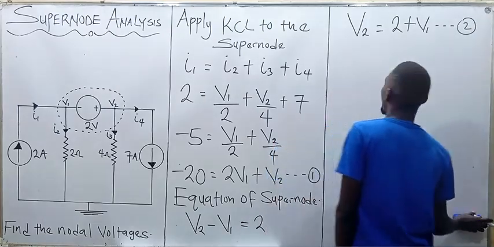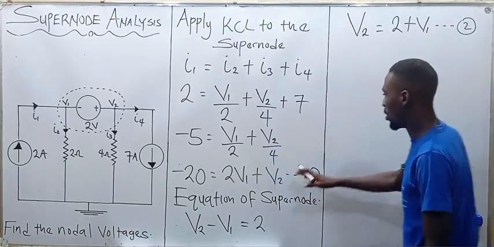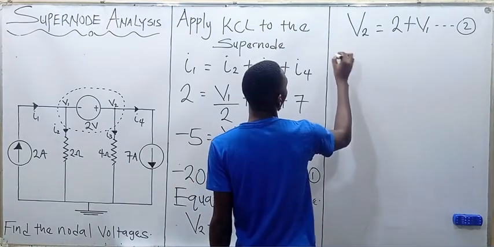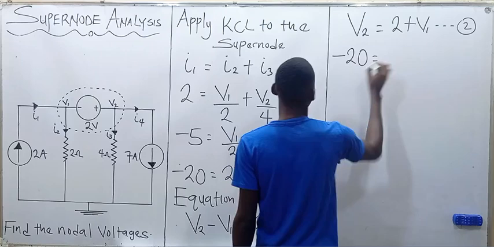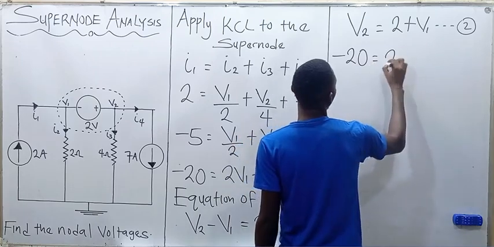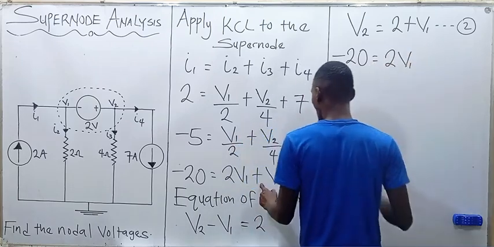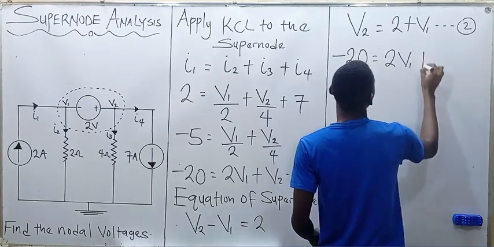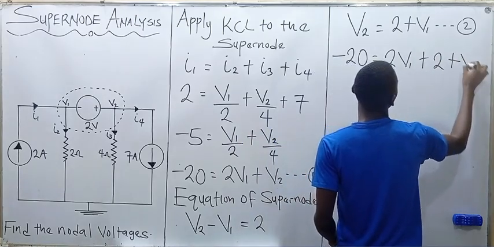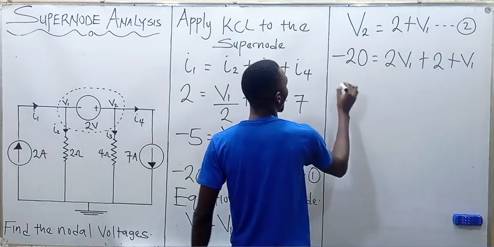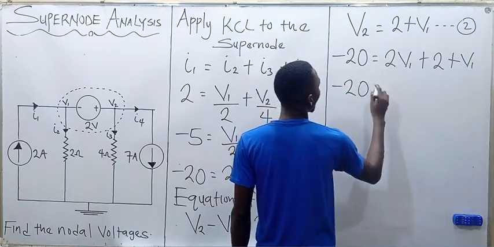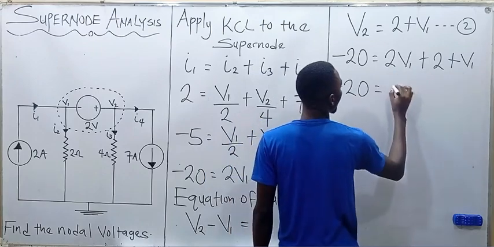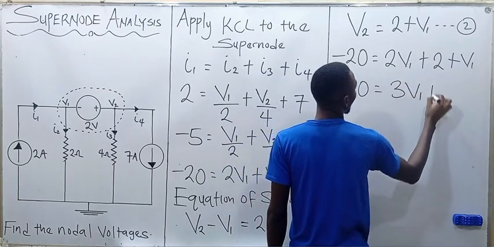So we are going to substitute equation 2 into equation 1. Then we are going to have minus 20 equals 2V1 plus V2, which is 2 plus V1. So minus 20 will be equal to this plus this, that is 3V1 plus 2.